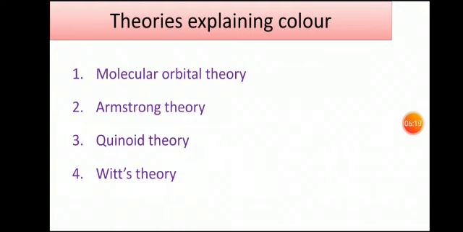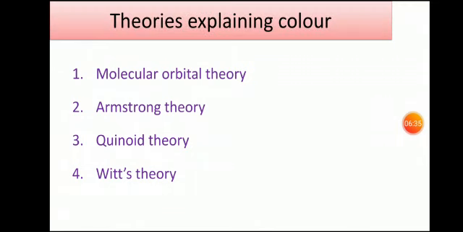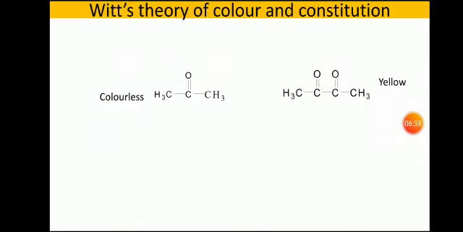Now there are different theories explaining color and constitution of compounds, mainly molecular orbital theory, Armstrong's theory, phenolphthalein theory, and Witt's theory. In this topic we will discuss Witt's theory of color and constitution. Now see, here is one compound, acetone, and here is another compound, diacetone.